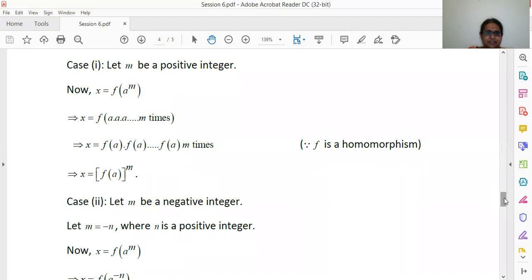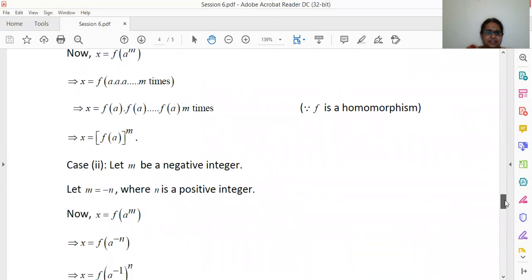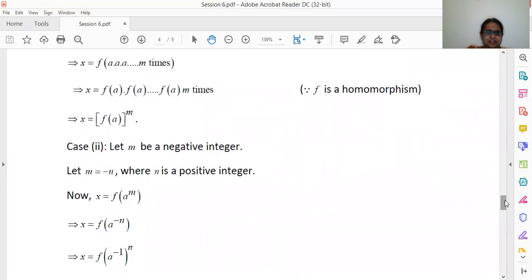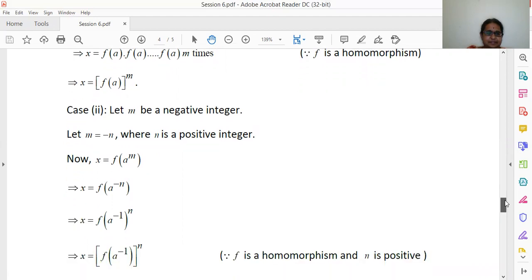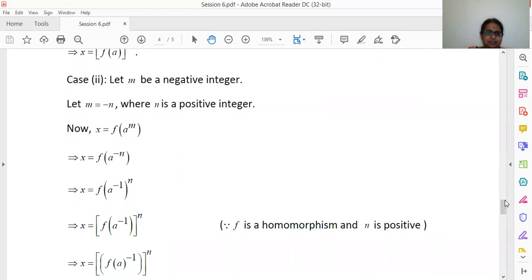Now the case is m is negative. Let m be a negative integer. Let m be equal to minus n, where n is positive. So we can write x is equal to f of a power m. But m is equal to minus n. Substitute m is minus n. So we get x is equal to f of a power minus n. This can be written as f of a inverse power n, which is f of a inverse whole power n.